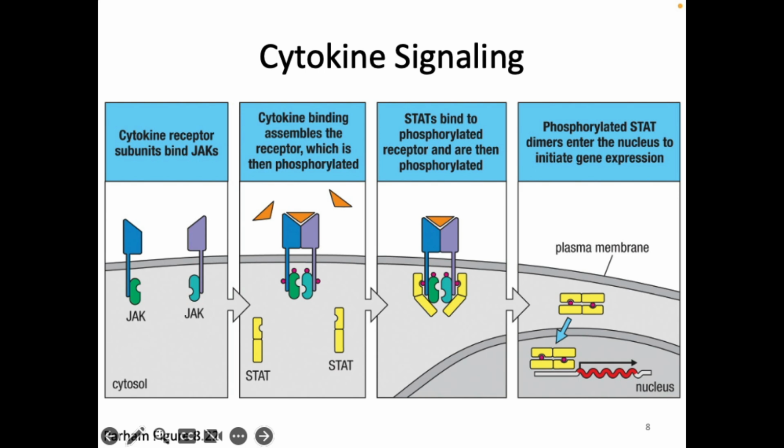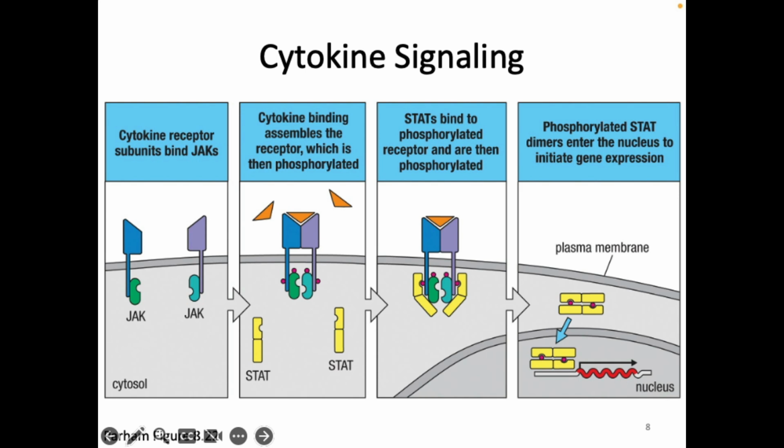The K in JAK stands for kinase. So the JAKs are kinases. They're normally apart from each other, but you can see when the cytokine molecule binds to the cytokine receptor, that brings the JAKs close to each other, and they can phosphorylate each other.